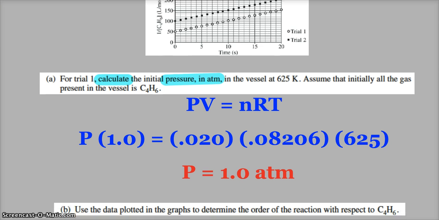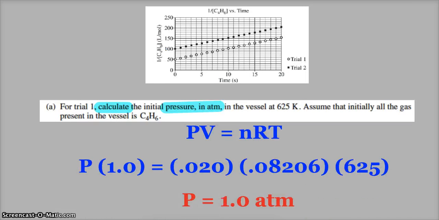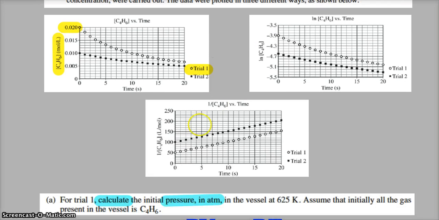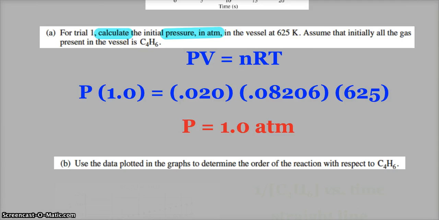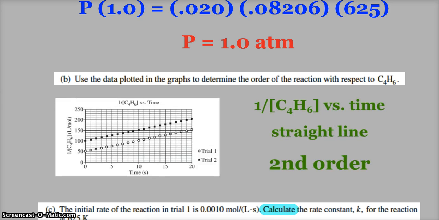Now part B, it says use the data plotted in the graphs to determine the order of the reaction with respect to C4H6. Now it shouldn't be a very big surprise because you need 2 of these molecules to collide. But looking at the data, I've got my straight line graph with 1 over the concentration, which is indeed reflective of a second order reaction.